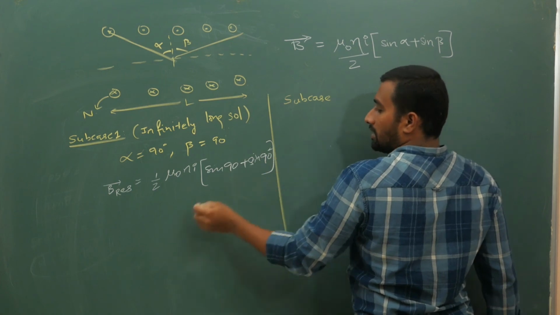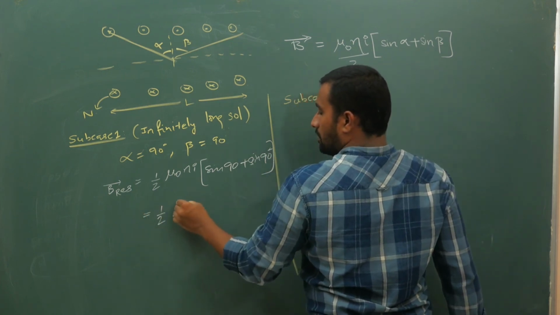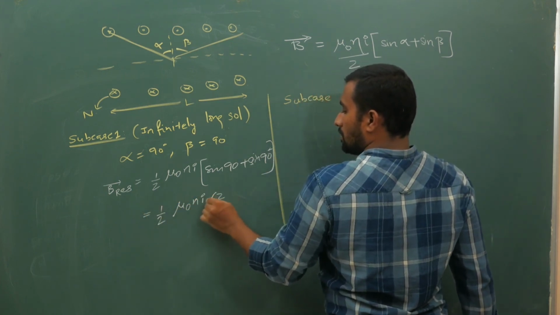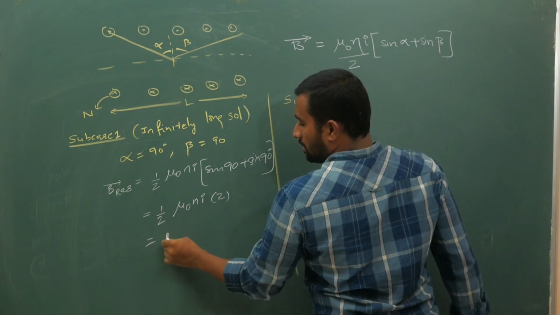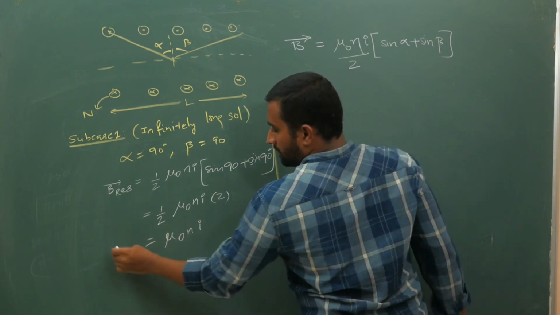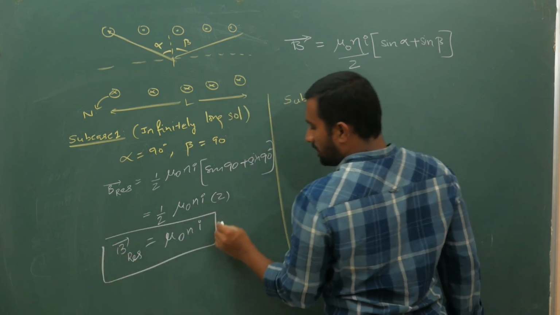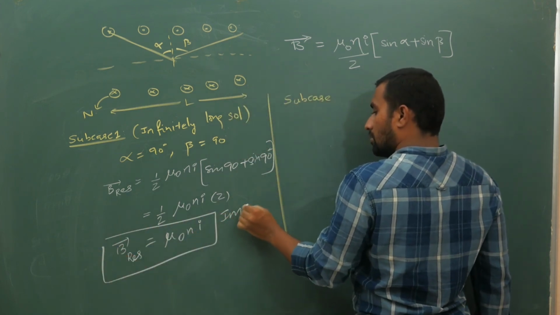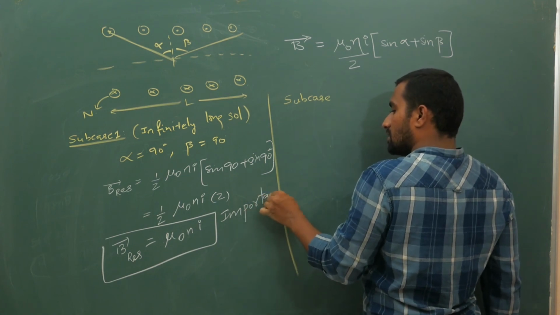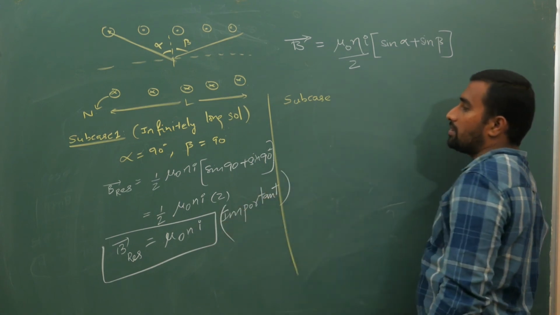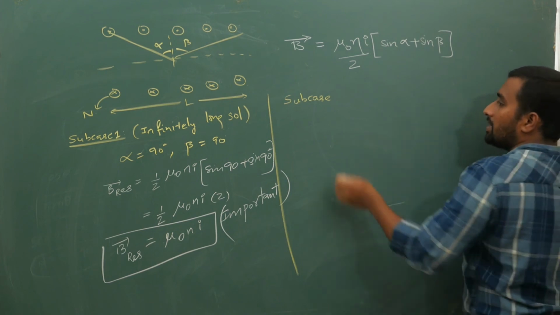So that is going to become half mu naught Ni into 2. So B bar is mu naught Ni for an infinitely long solenoid. Very important. We are going to use this result often.